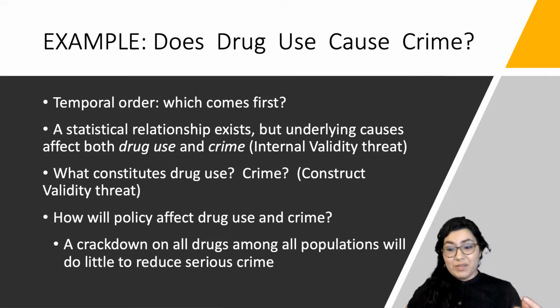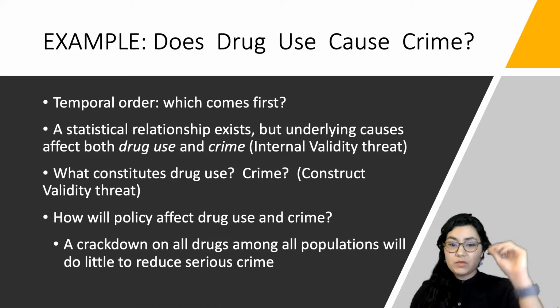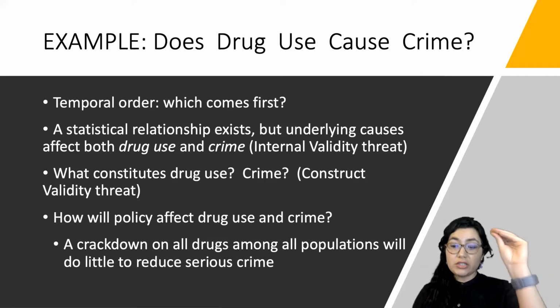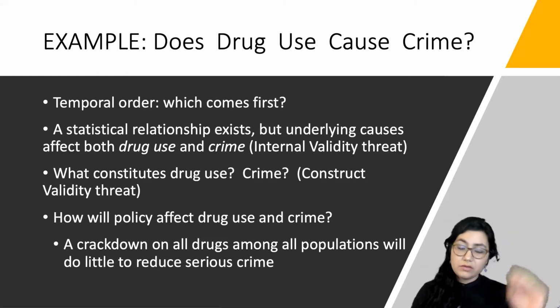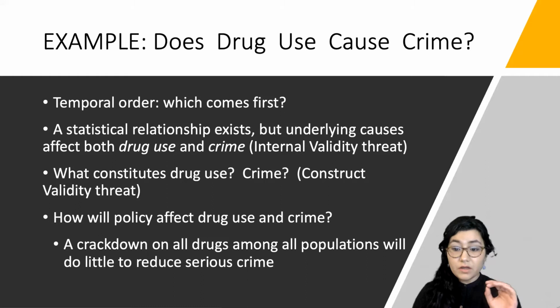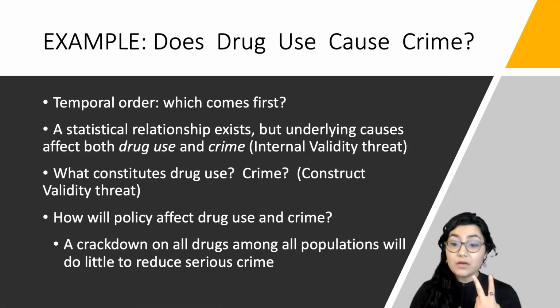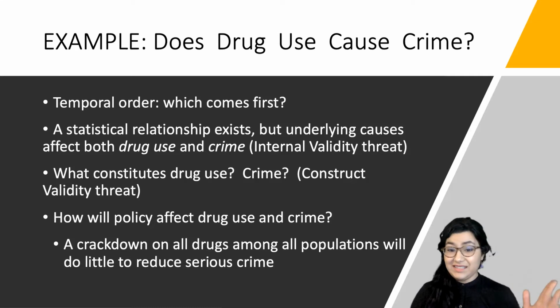And we need to make sure that our measurements, when we're doing the conceptualization and operationalization, going from general to more specific, from the construct down to the measurements, are consistent. What drug use are we talking about? What crime are we talking about? We want to be more specific in order to ensure that we have construct validity.